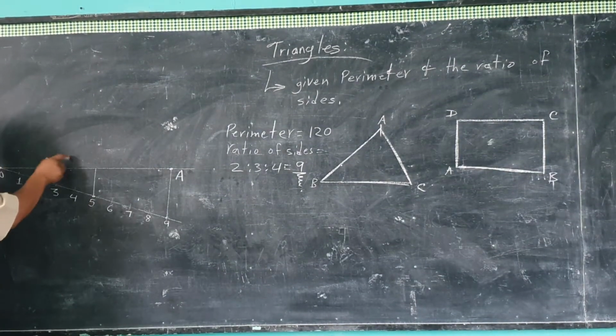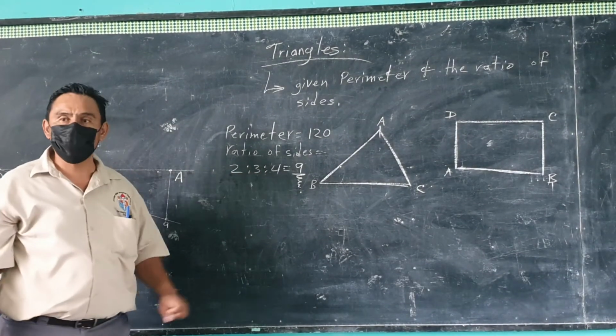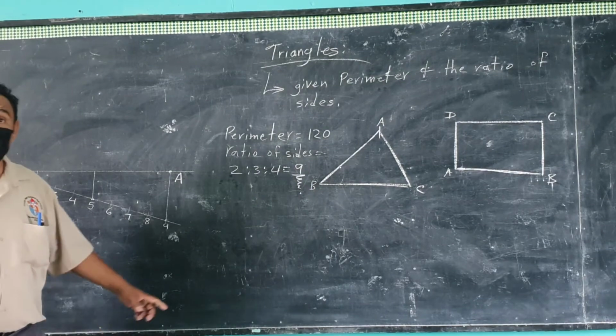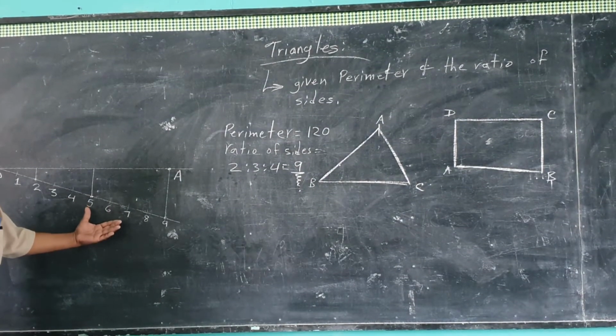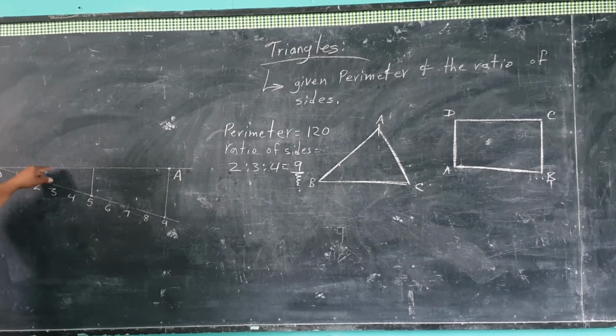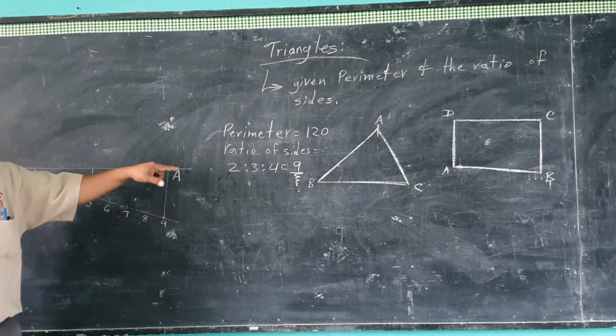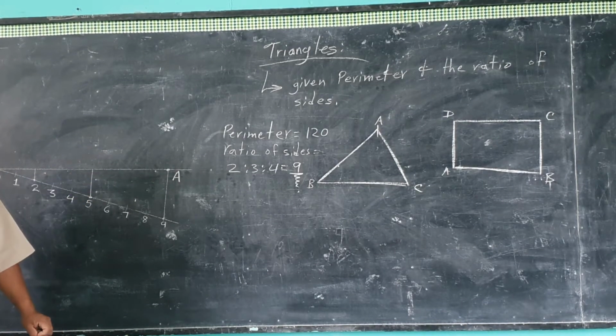Now each one of them is being divided into its exact ratio. Is that clear? Because by trial and error and the parallel line, I was able to divide AA into its respective ratio. Do you understand?